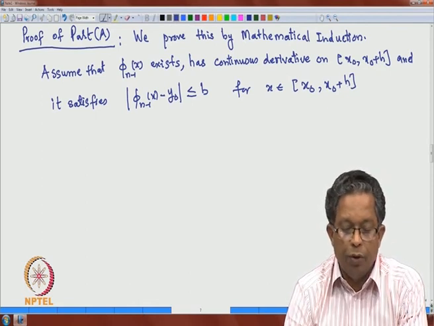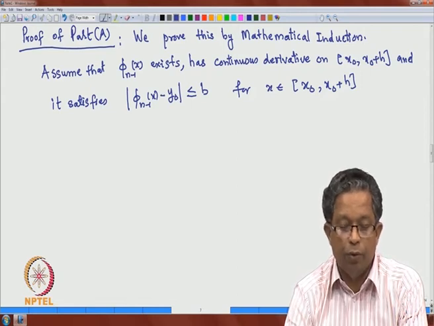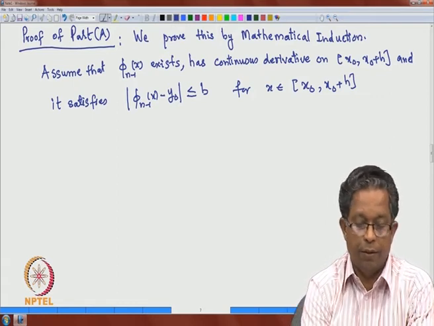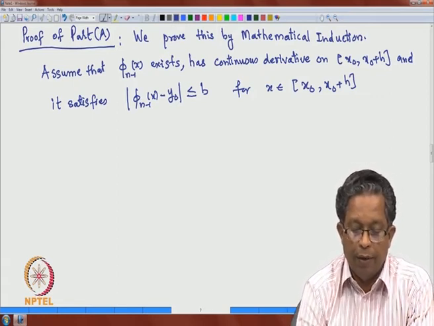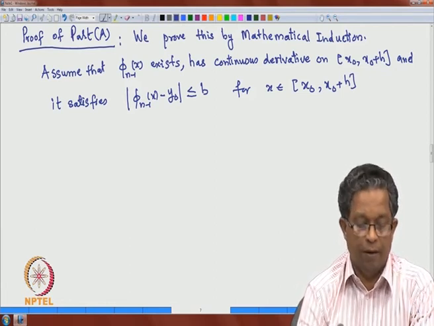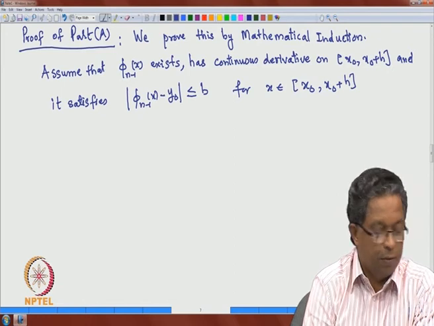Now, after assuming this, we are going to show that these properties are also true for phi n.